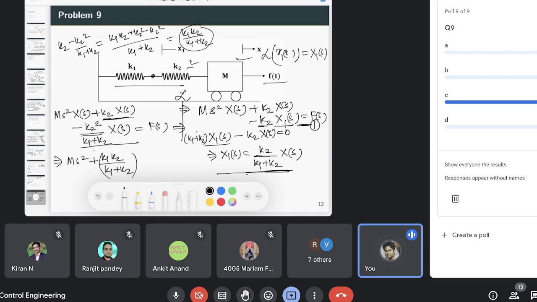This term, along with the m s square term, is multiplied with X(s), and the whole thing is equal to F(s).